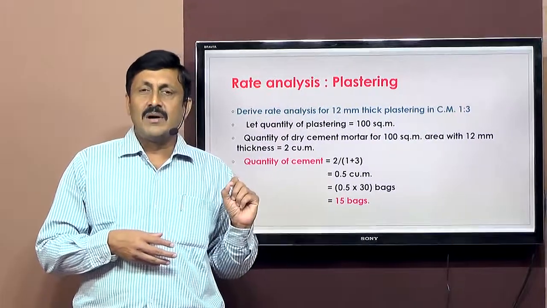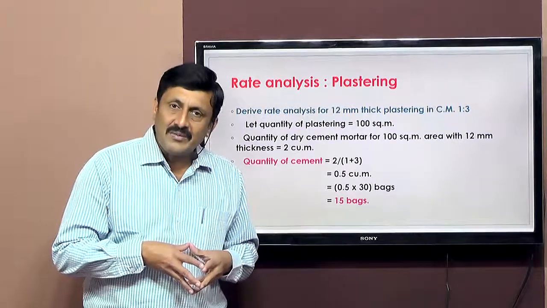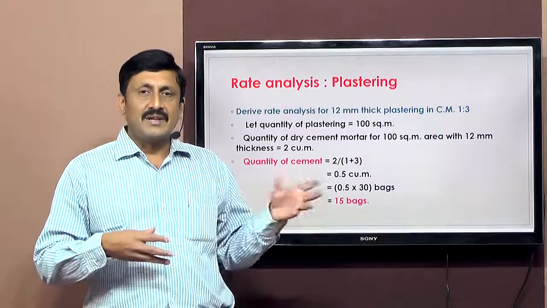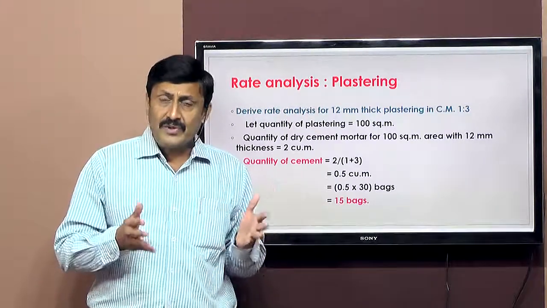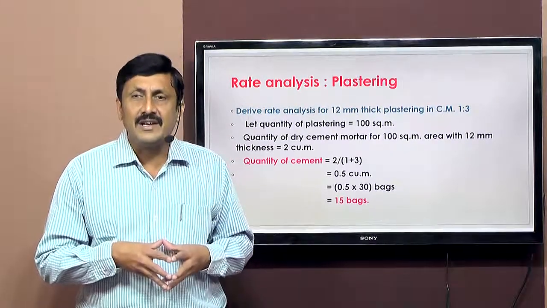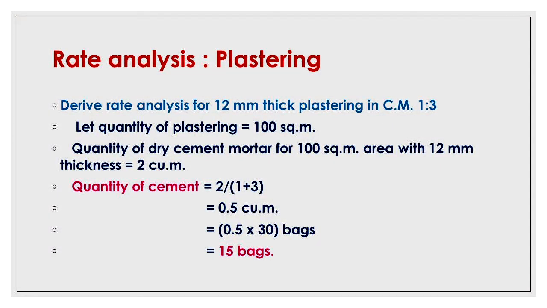Once again remember, the thickness of this plastering we are taking as 12 millimeters. So the area of plastering is 100 square meters, thickness is 12 millimeters. First of all we need to find out the quantity of dry ingredients of cement mortar, that means the quantity of cement and sand in their dry state.